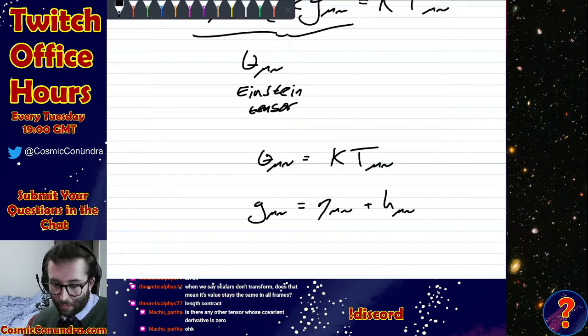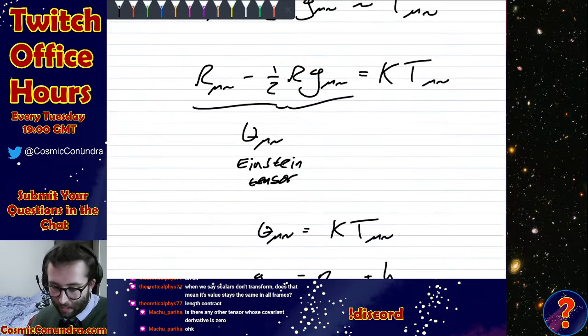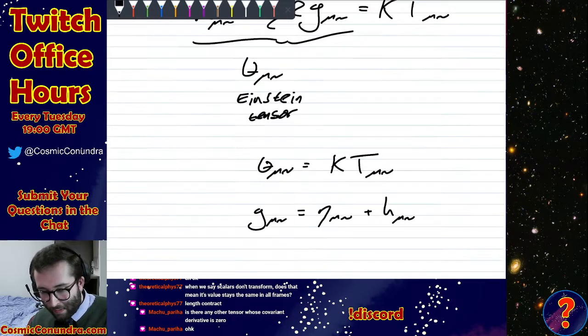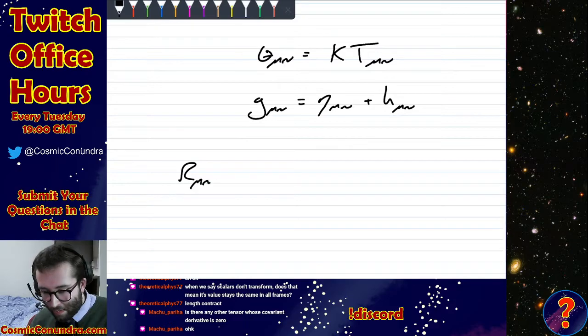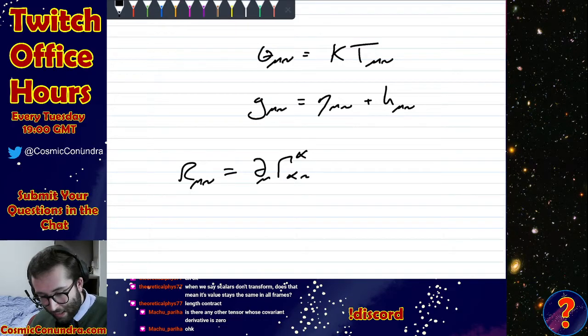Then you can work out G mu nu, which involves the Ricci tensor and the Ricci scalar. The Ricci tensor is written in terms of the derivatives of the Christoffel symbols. I can never actually remember which way round they go. It's something like this, maybe.